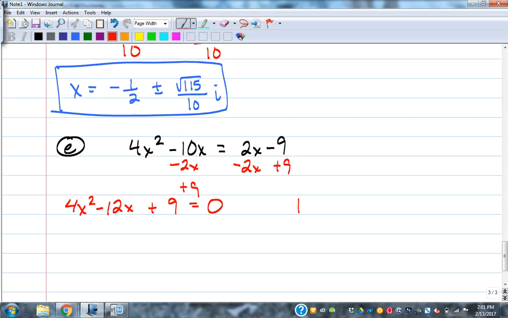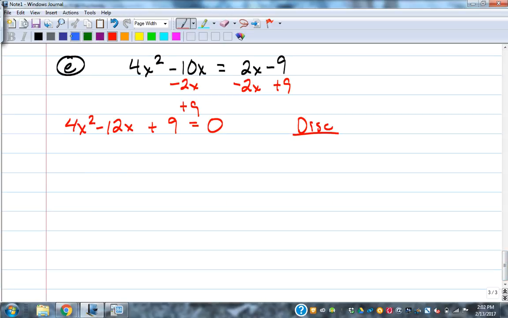So the discriminant. The formula is negative b plus or minus radical. This is the part we want: b squared minus 4 times a times c. And then let's figure that out.